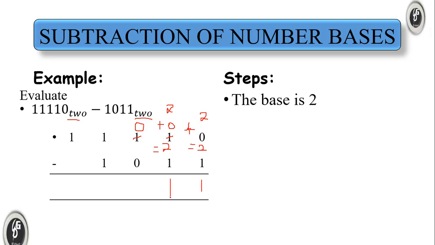So 2 minus 1 is 1 as well. So we're done with that. Then 0 minus 0 is 0. 1 minus 1 is 0. And 1 minus 0 is 1.